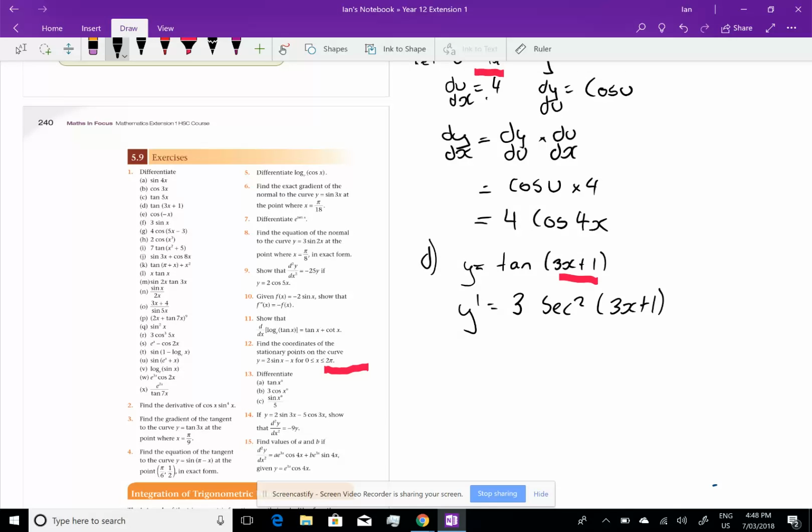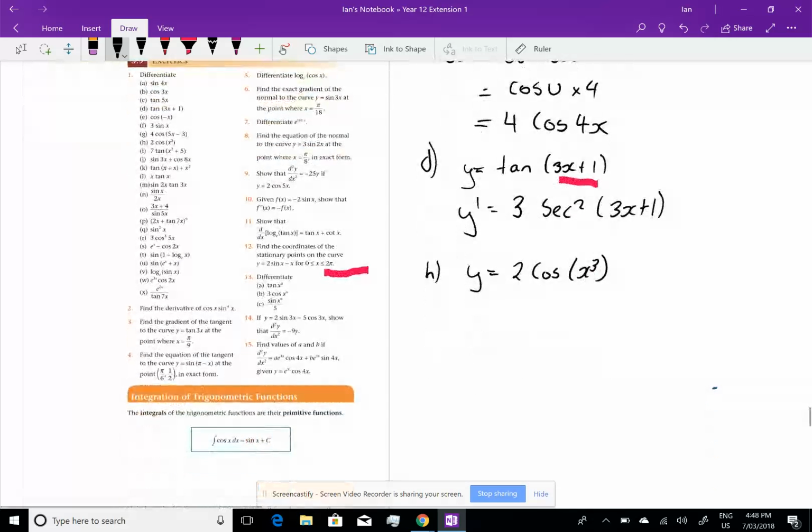Yes, so let's jump down now to h, which is y equals 2 cos x cubed. Now, it's very important that x cubed is actually contained in there. It's not cos cubed x. It's a different thing altogether.